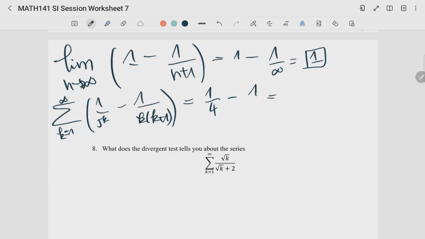That gives us negative 3/4, which is our final answer.